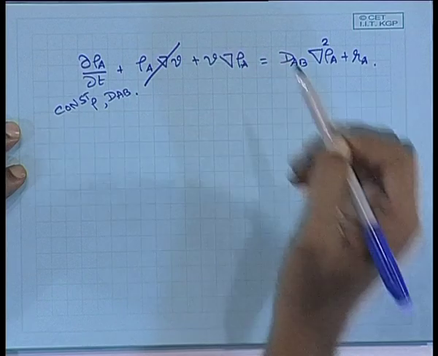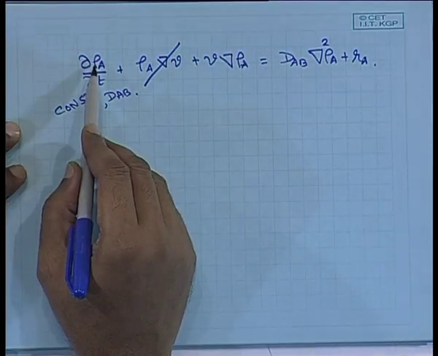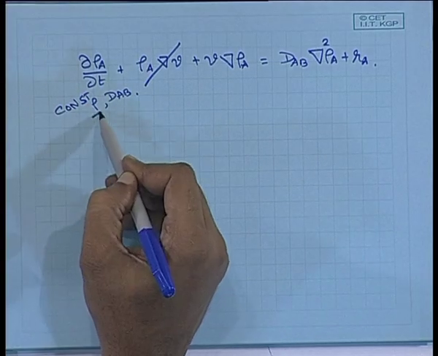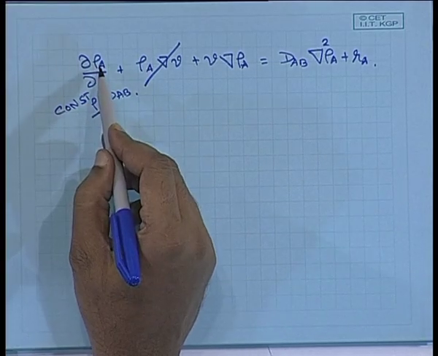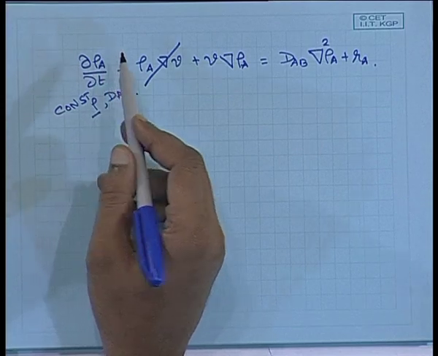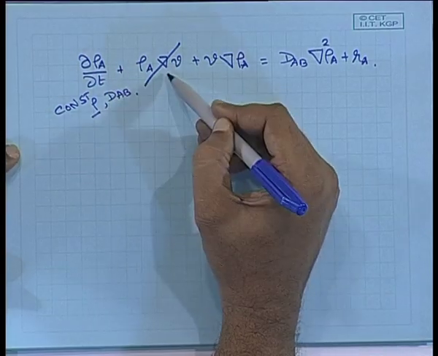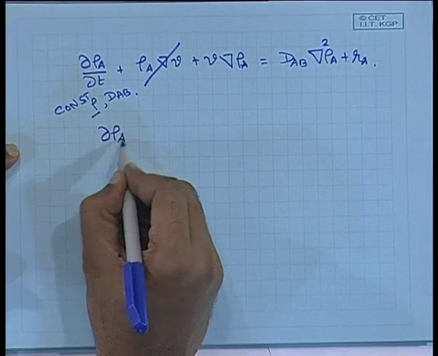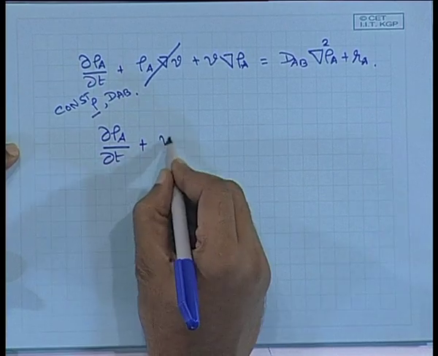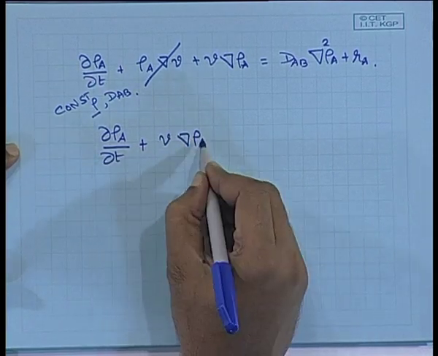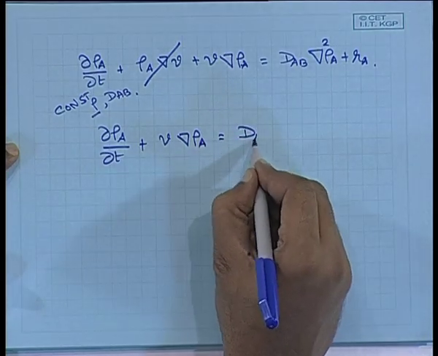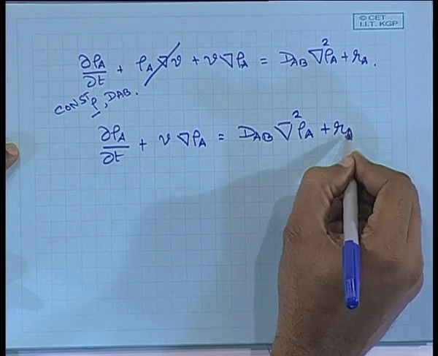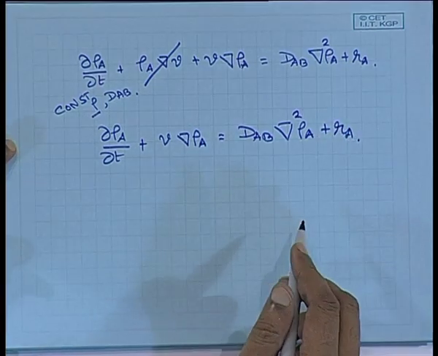Okay, so, this one is going to be equal to 0. No, I said it is a constant mass density whole system, constant rho. I did not say anything about rho A. So, rho A may change with time, but since it is a constant rho system, divergence of V has to be equal to 0. So, if that is the case, del rho A del T plus V times divergence rho A is equal to dAB divergence square. This is the equation. Okay.